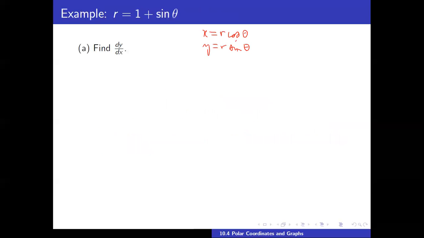Just so we are on the same page here, okay? So what is dy dx? Well, y is r sine of theta, yes? But r, of course, is given by 1 plus sine of theta, yeah? So do you see what I've done there? I've just replaced r by what it is, yes? Okay?